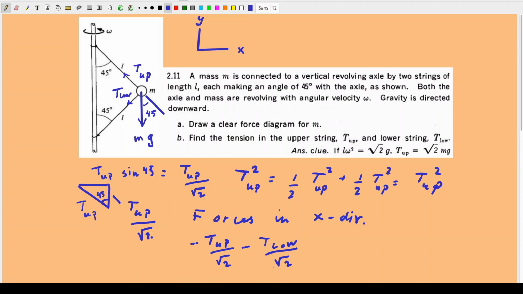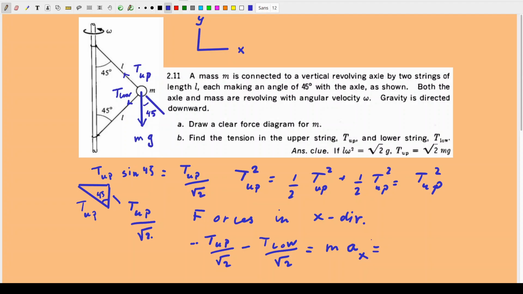And there are no other forces in the x direction. And according to Newton's second law, the sum of the forces acting on the particle m equals m and the acceleration. But in this case, the acceleration is in the x direction.